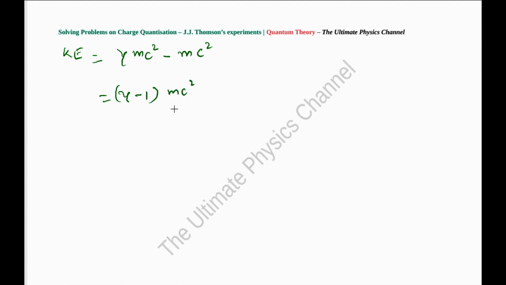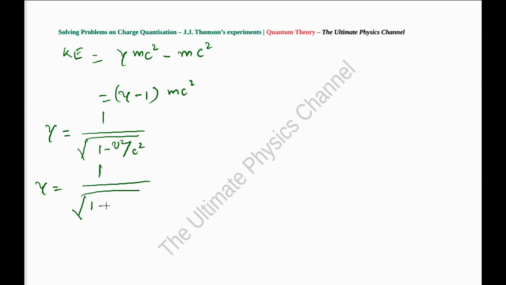This is the expression for kinetic energy, of course, where gamma is the Lorentz factor, which is 1 over square root of 1 minus v squared over c squared, right? So if we just get the gamma first, gamma is equal to 1 over square root of 1 minus, the velocity is given to be 1.8 times 10 power 7 over c, which is 3 times 10 power 8, the whole thing squared.